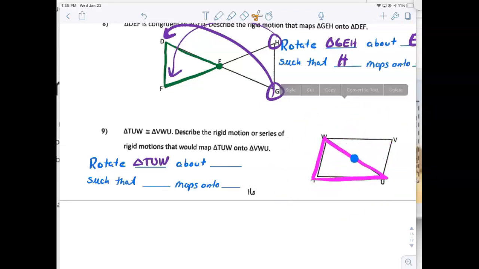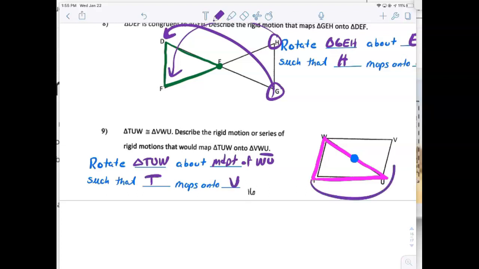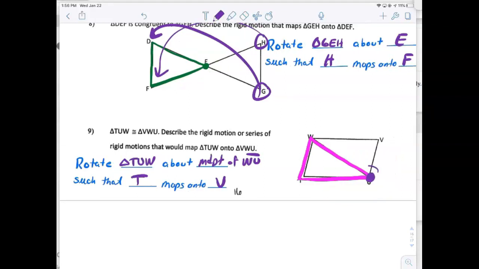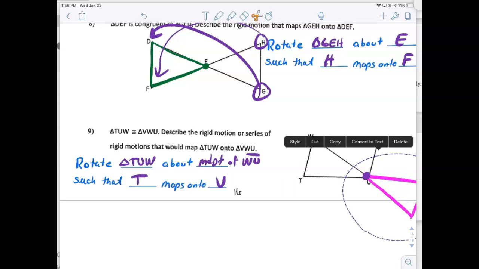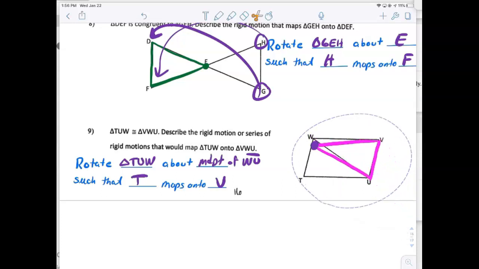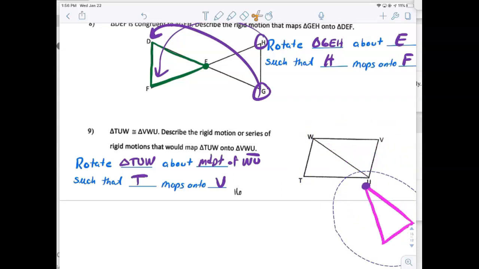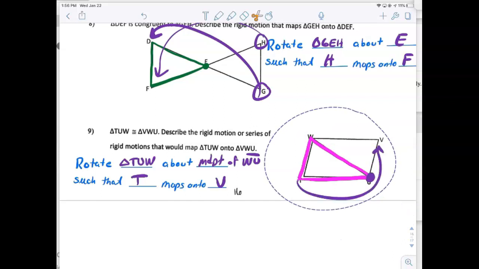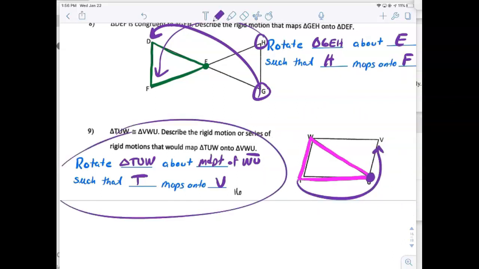So the quickest way to do this is to rotate about the midpoint of WU such that T maps onto V. There were other ways you could do that too. You could have rotated around that point, which would have put the triangle down here, and then you would just have to translate it up a vector like that. So there are other ways to do it, but the way I showed you here, you can do it in one step.